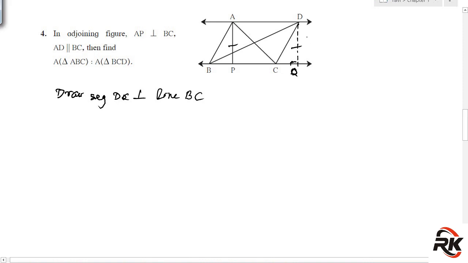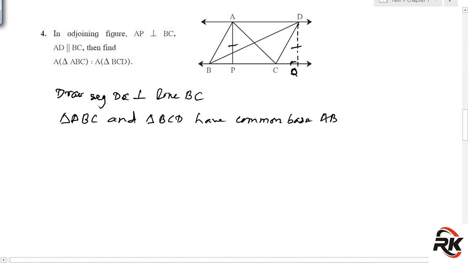This congruent means triangle ABC and triangle BCD have common base. Which base?